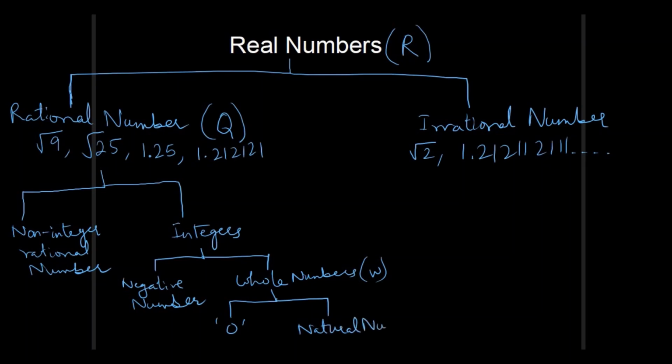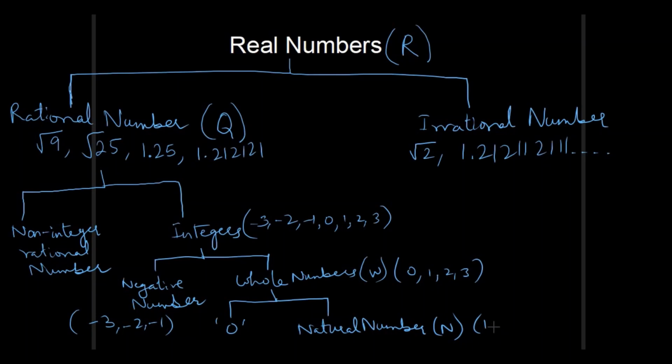Here why I am writing this is we need to maintain this chain. We need to understand this chain. Here we'll have -3, -2, -1, 0, 1, 2, 3. So you need to understand the various types of numbers come in a hierarchy and make a real number.